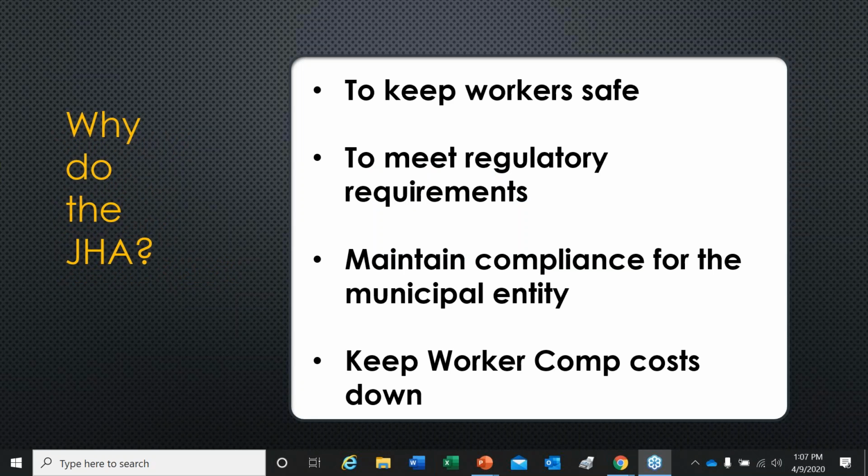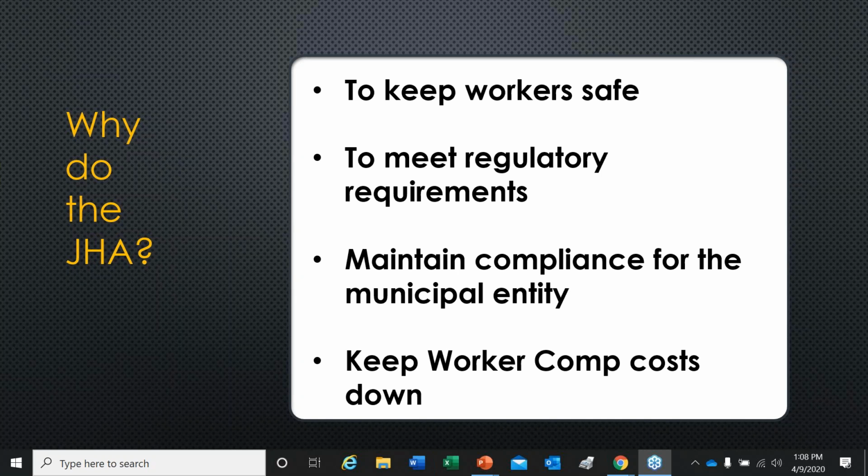Why do it? Well, first and foremost, you want to make sure that you take your employees into consideration and keep your workers safe. Secondly, there are regulatory requirements out there. For those of you that might have had a PESH inspection, they will come in and they will ask to see if you have done JHA reviews. Things like lockout tagouts. Those need to be reviewed, and how you would go about it if you ran a wastewater plant.